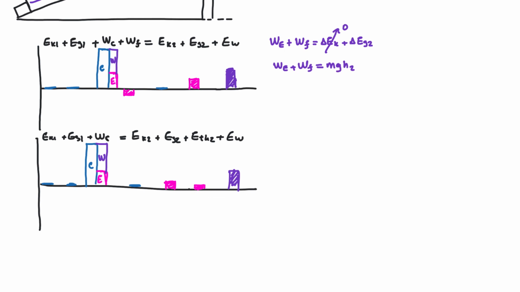The second way of writing this one, I'm going to write in maybe red. It's the same idea. All of this energy is going into these two, so I can write this as WE is equal to the change in kinetic energy, which is 0, plus the change in gravitational energy, plus, in this case, the change in thermal energy.